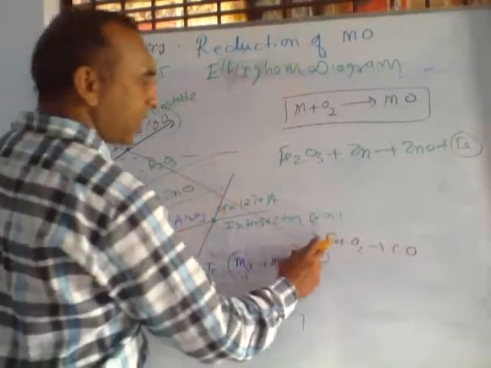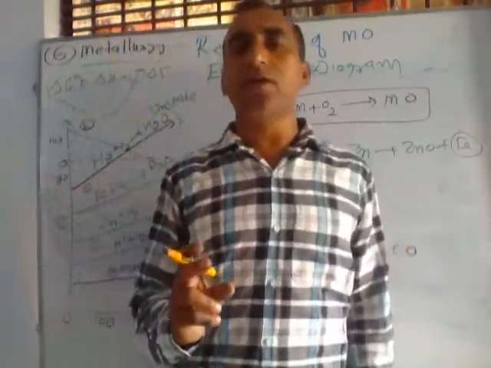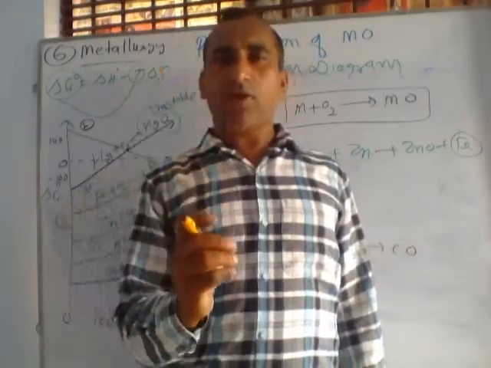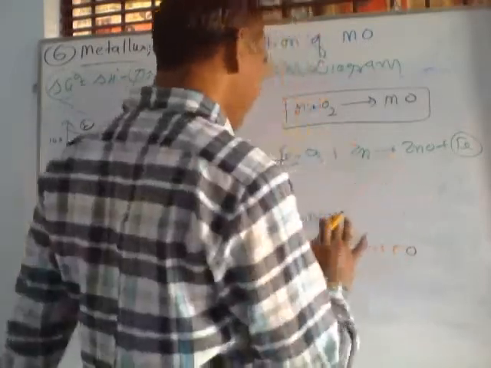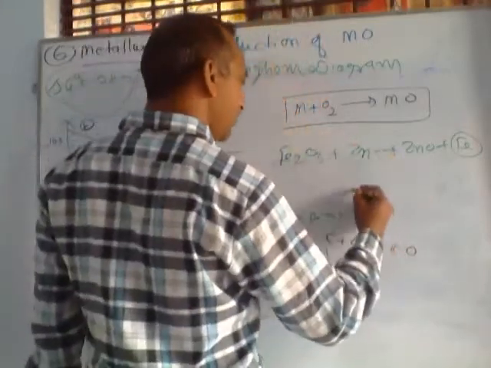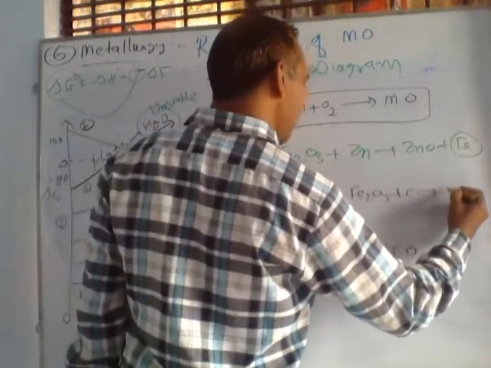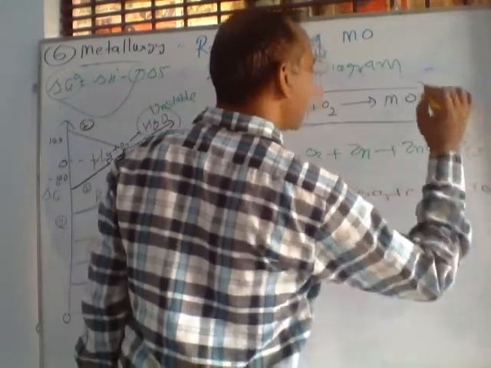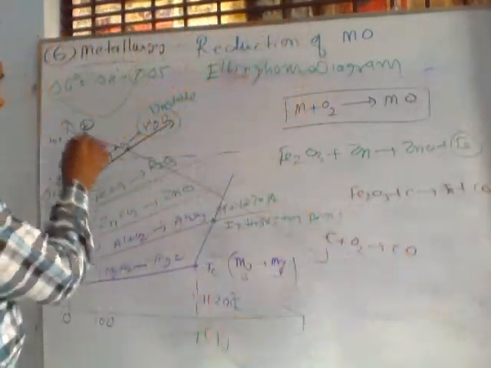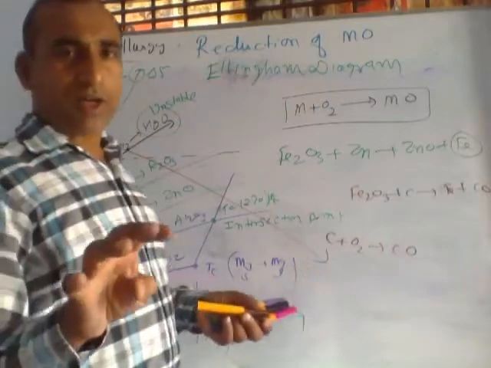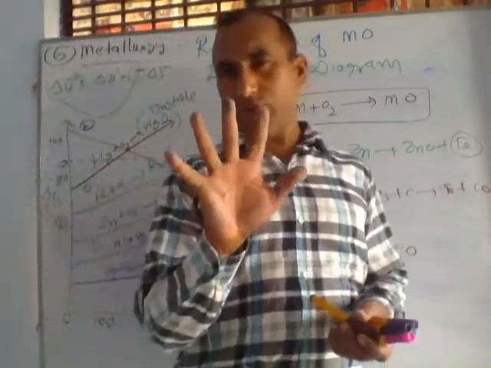It means carbon is a better reducing agent. Carbon can reduce most oxides from their compounds. Means if we use zinc, iron, etc. with carbon, it will easily reduce them and give the metal. This line indicates that. So in the Ellingham diagram we basically obtain 4-5 points.